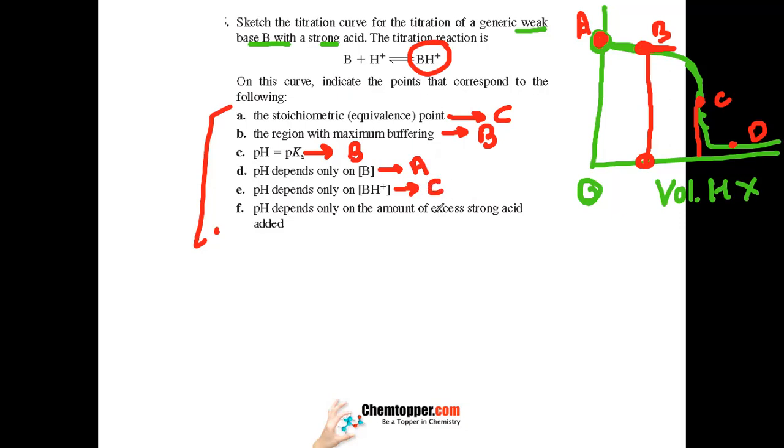C. pH depends only on the amount of excess of strong acid. Right? pH depends only on BH plus, because at the equivalence point B is 0, acid is 0, both of them are 0. Remember we were doing the calculation. And excess of acid is here.